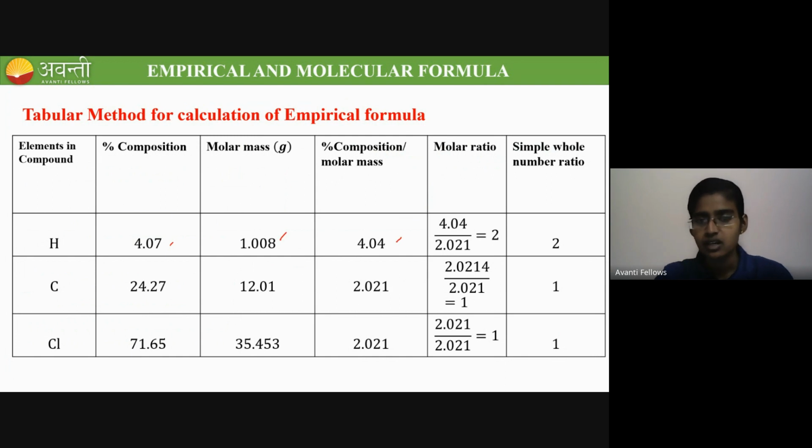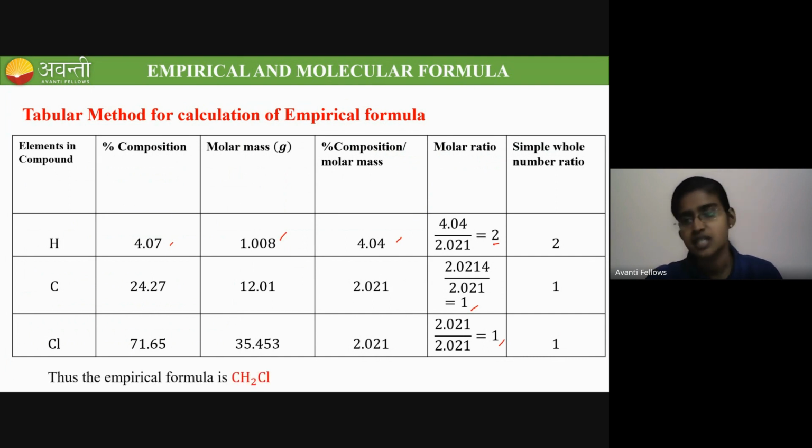So you divide all of them by the least number and we get the values 2, 1 and 1, right? That is the simplest whole number ratio for the system. So in the empirical formula, we have 2 hydrogen, 1 carbon and 1 chlorine. So the empirical formula will be CH2Cl. This is how we have to find out the empirical formula from the given species.